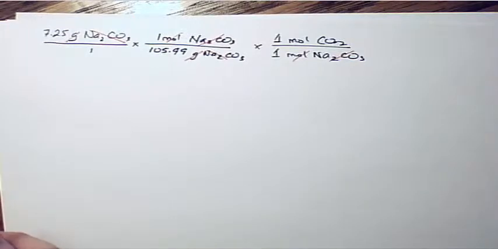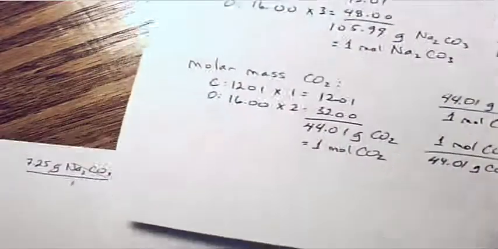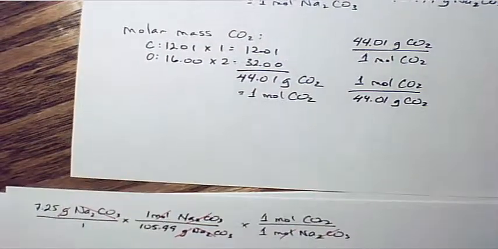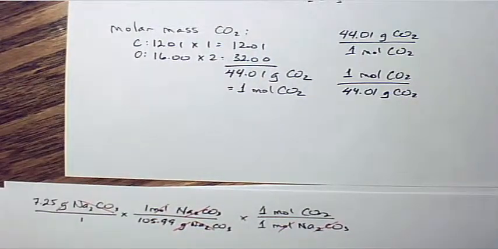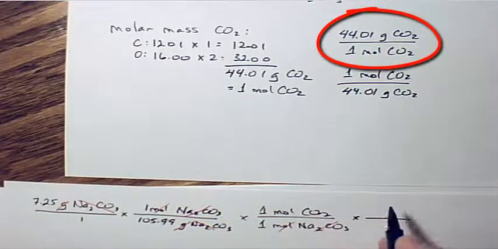We are now at moles of CO2. How hard is it to get the mass now? What do you need to get from there to mass? Which one of these two ratios am I going to use to get to the mass of CO2? Top one.